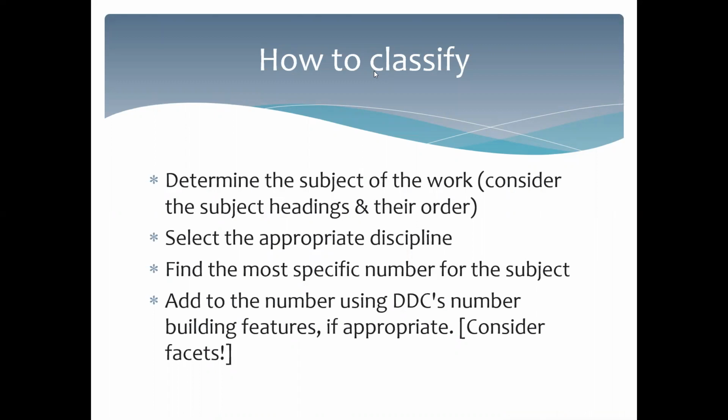Well, if you already have a record in place, if you are cataloging from a record, if you are doing your classifying from a record that exists already, then you have a little bit of help, because if the record already exists, then there's a subject heading there, and you can use that as a starting point in your investigation process in terms of figuring out how you're going to classify this item.